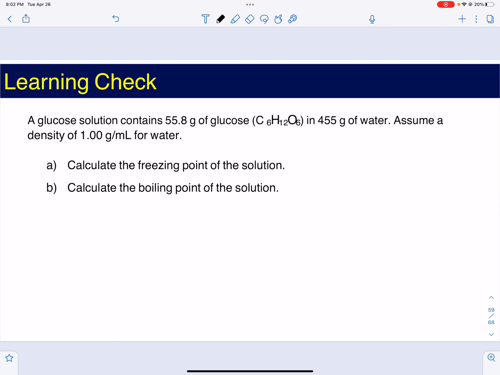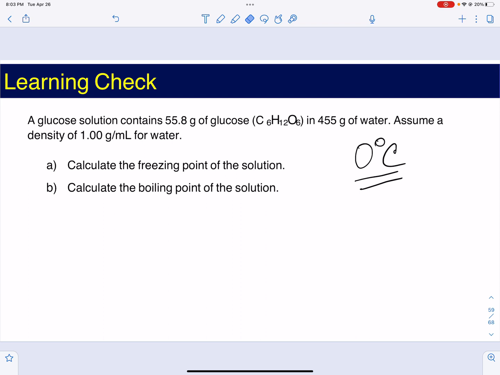So what about this here? What can we use molality for? Let's say, for example, that we have water. We know that water freezes at 0 degrees Celsius. That's pure water, so that would be the freezing point or melting point for pure water.